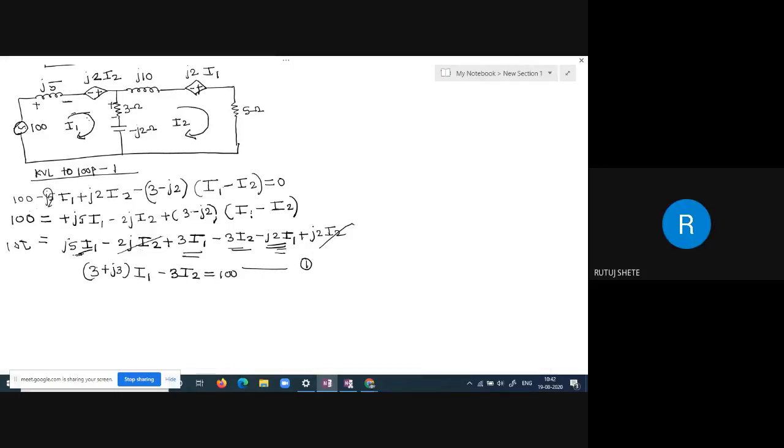Understood. Then you have to apply KVL at second loop, or we call it the output loop. Okay, so KVL at loop 2. So we'll start from here: positive, negative, positive, negative, and so on. So we'll start from minus J10 I2.